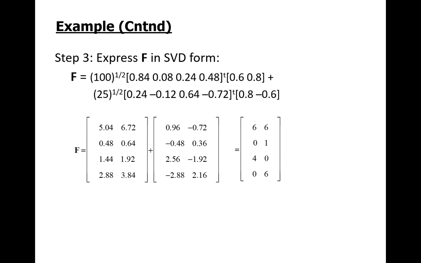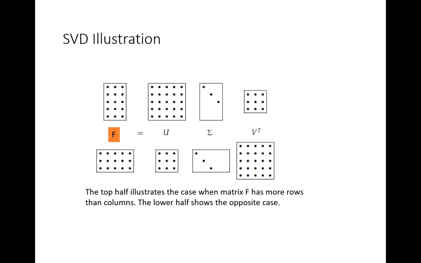So instead of 6, you will get 5.04. Instead of 6 in the second column, you will get 6.72. So by discarding some of the singular values, you can get dimensionality reduction or an approximation to your data. That is how SVD, or singular value decomposition, works.